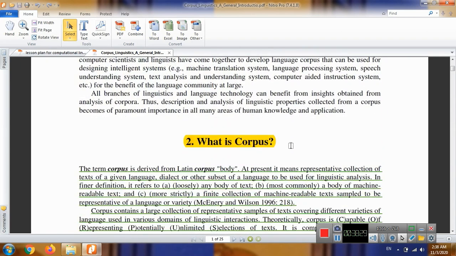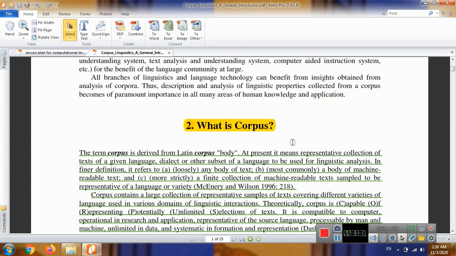Just follow them. And about the corpus, you should know the definition of corpus, which was derived from the Latin corpus, which referred to body in Latin times. At present, it means a representative collection of text of a given language, dialect, or other subset of a language to be used for linguistic analysis.